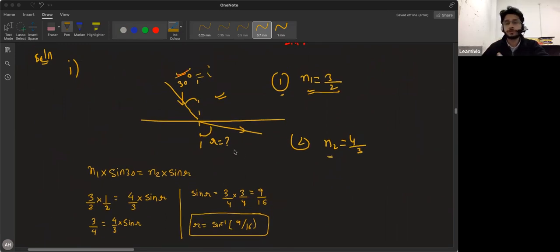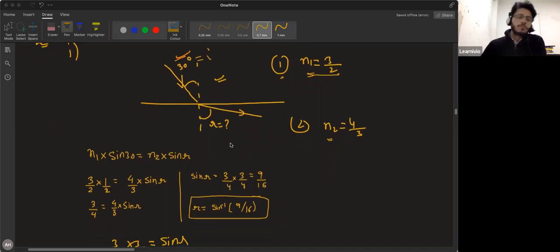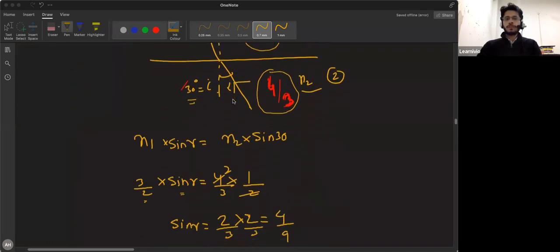This is the solution of the first part. This is the second part, answer of second part.